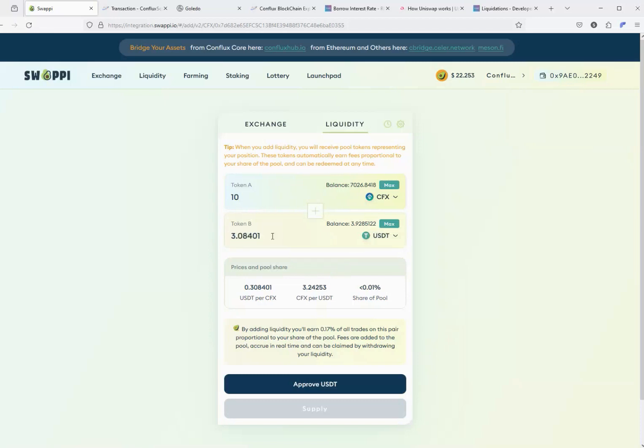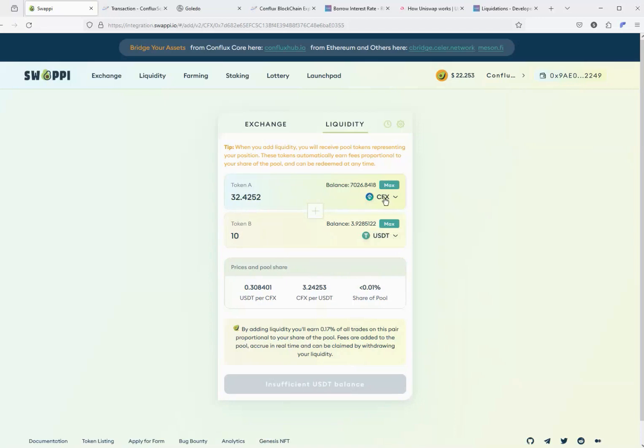So it will calculate the amount of the other token. And also if I change the amount of the USDT, it will calculate the amount of the CFX. So that's for the liquidity part.